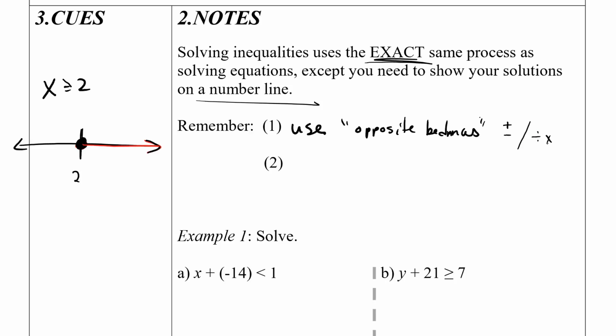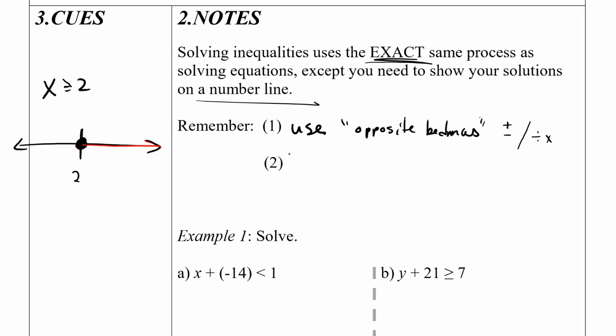I'm saying that loosely, generally, because in some cases it makes more sense to start with the multiplying or the dividing. But in general, we use opposite BEDMAS, so using adding and subtracting first to isolate the variable.